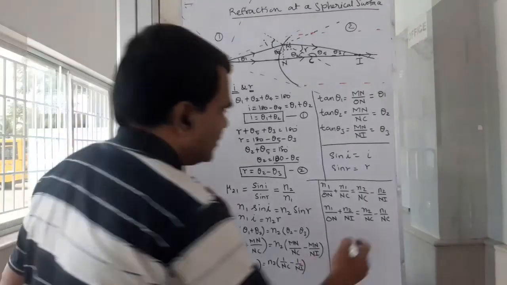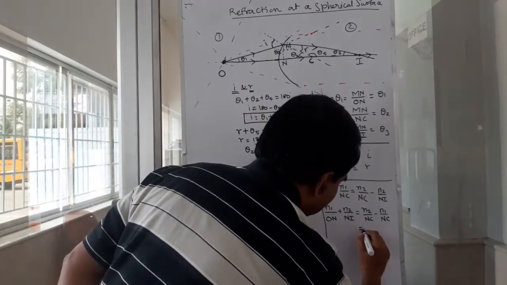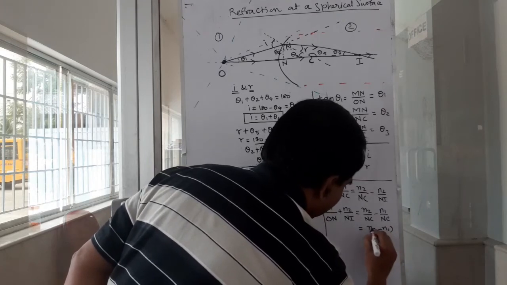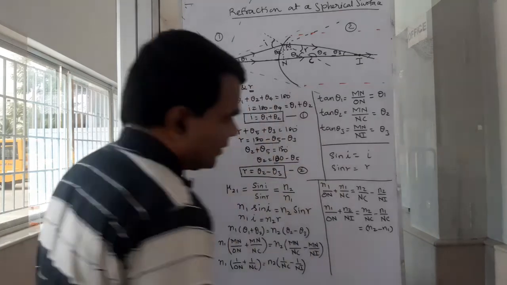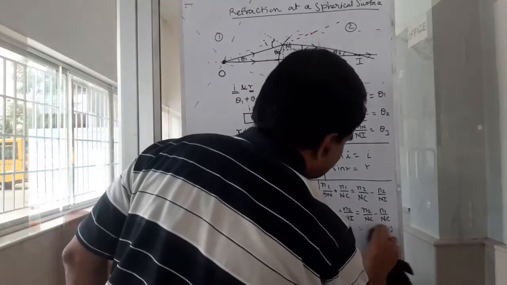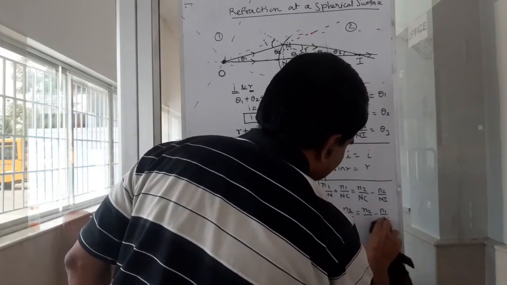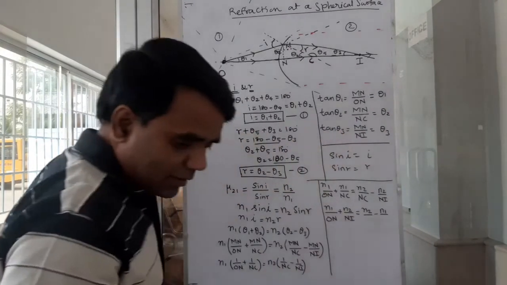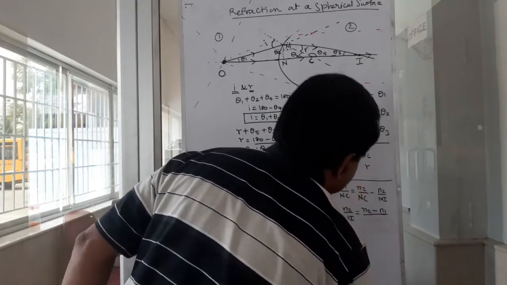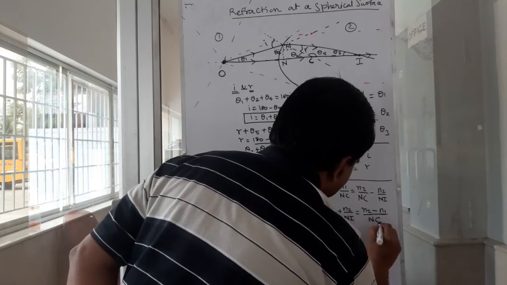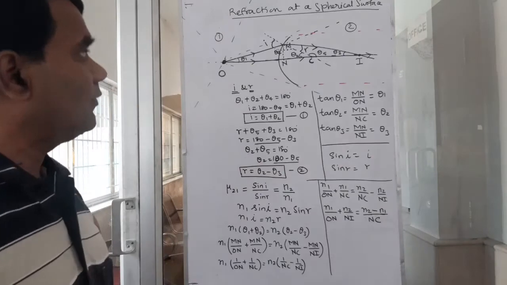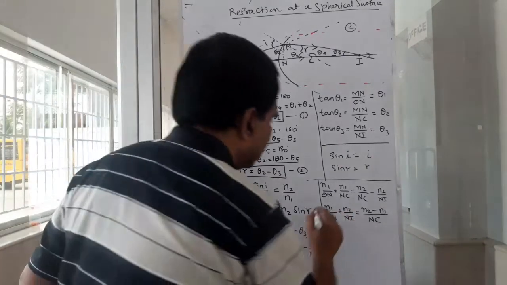Okay, and that also gives me, this is equal to N2 minus N1 by NC. I'll do it here itself. If you bring it here, then that becomes N2 minus N1 by NC. So this is the equation to get.